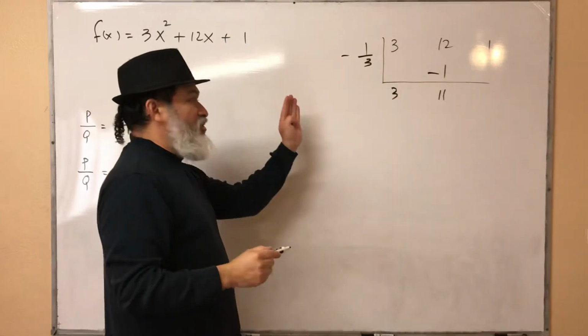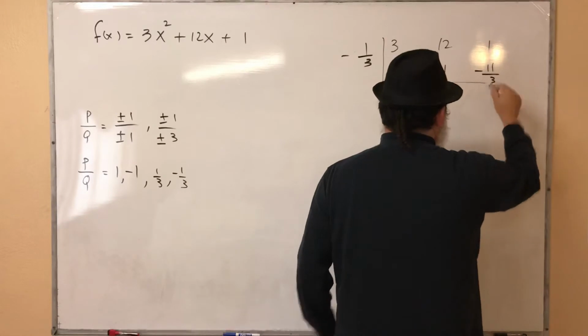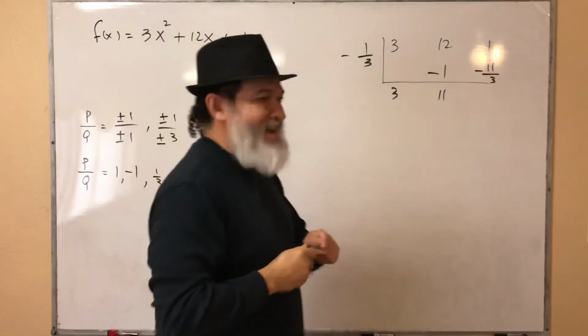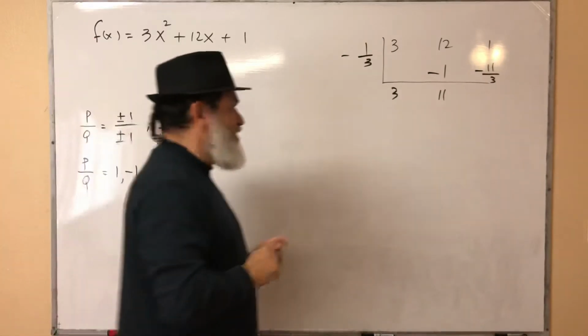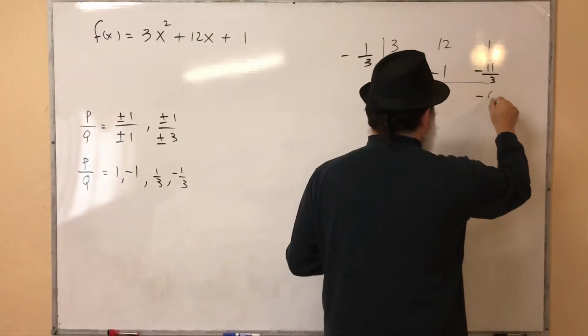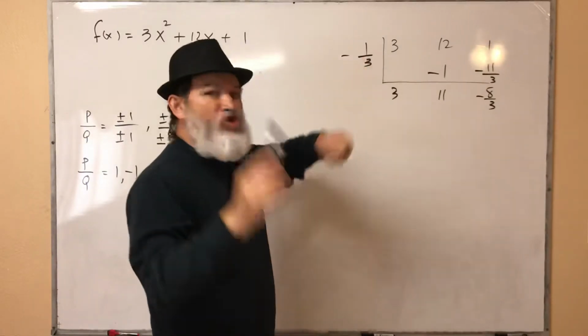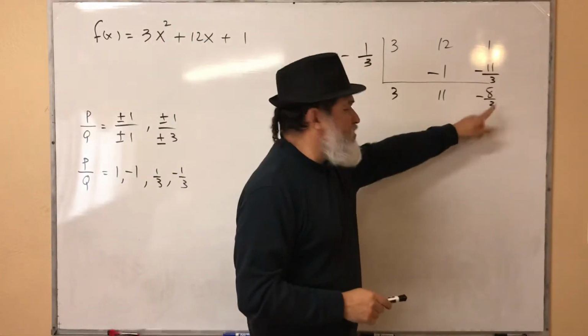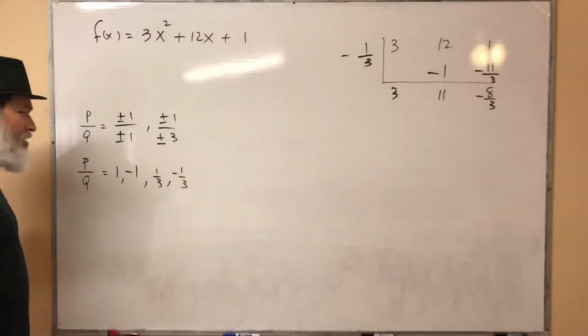What's negative 1/3 times 11? Negative 11/3. What's negative 11/3 plus 3/3? Is that negative 8/3? Is this a 0? No, because the remainder is not 0. Okay, so this is not working.